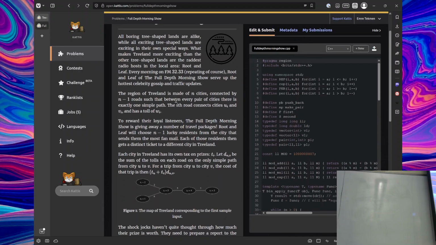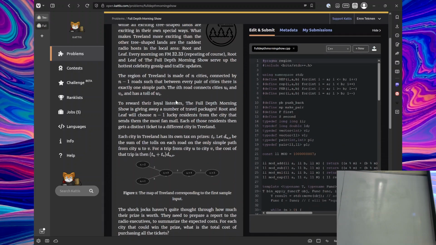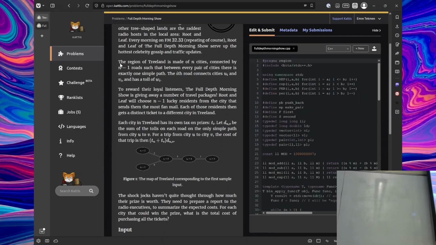Usually, this first paragraph is not worth reading. Here we go. The region of Tree Land is made up of n cities connected by n minus 1 roads, such that between every pair of cities there is exactly one simple path. Implied by the name, but these properties should be screaming that this is a tree, right?